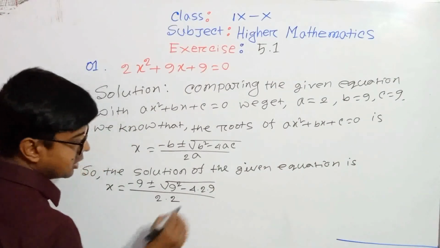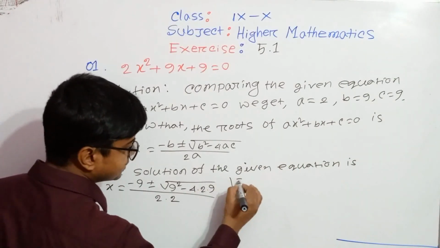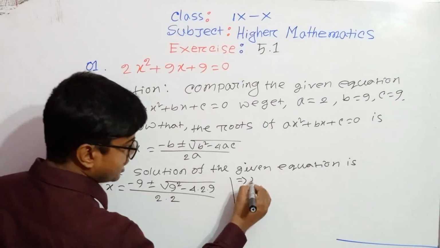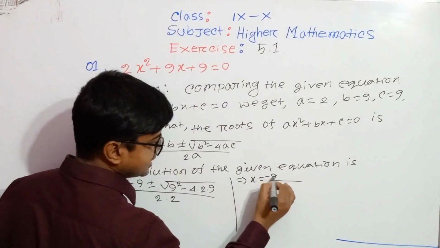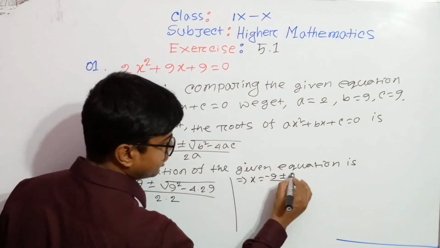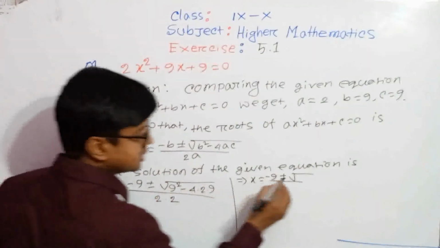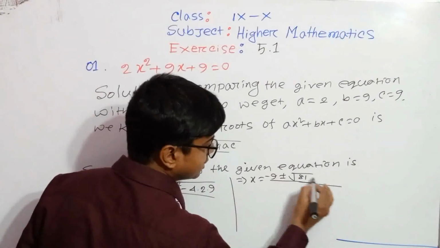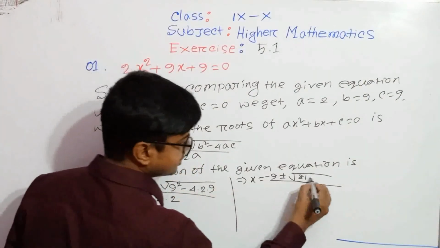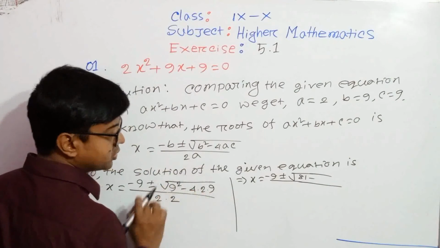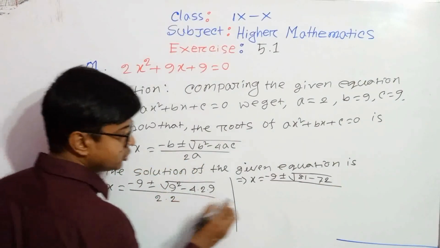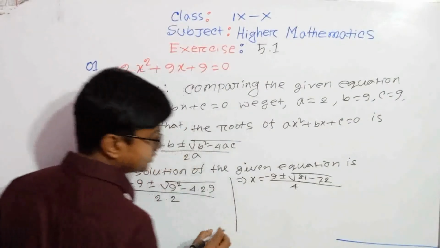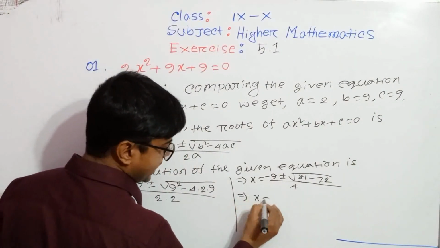And now after this line, x equals minus 9 plus or minus square root of 9 square, it will be 81, and minus 4 into 2 into 9, it will be 72, by 2 into 2, that means 4.